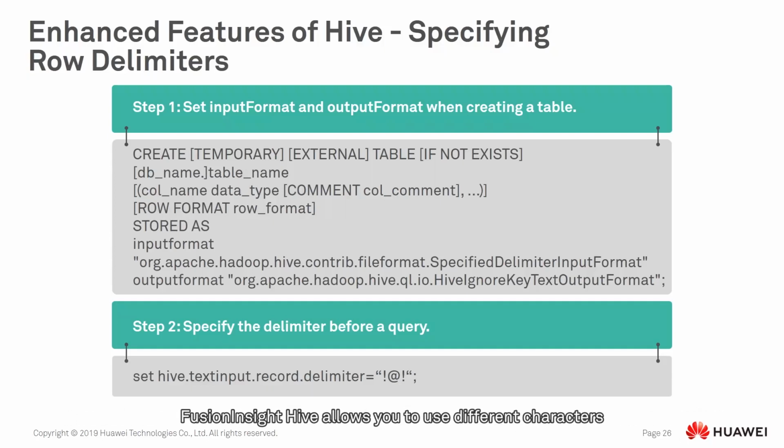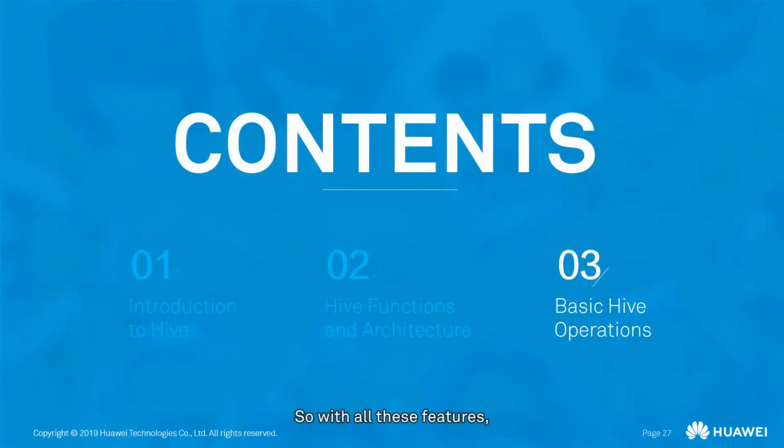Fusion Insight Hive allows you to use different characters or character combinations to delimit rows of Hive text data. Look at these steps. The user needs to set the input format and output format first when creating a table, and then specify the delimiter in this way. So with all these features, Fusion Insight Hive is better than the community version in reliability, fault tolerance, scalability, and performance.